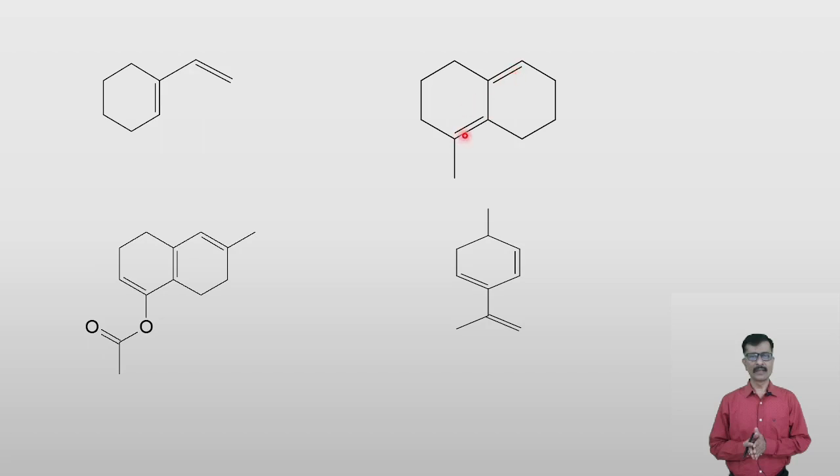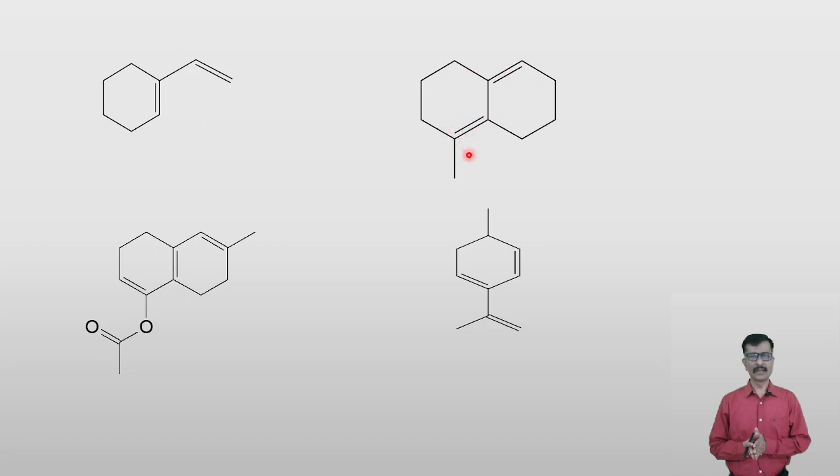The first double bond is in ring A, second one is in ring B, so it is a heteroannular diene. No question of homoannular diene. Then similarly, there are only two double bonds in this structure, so no question of double bond extending conjugation.